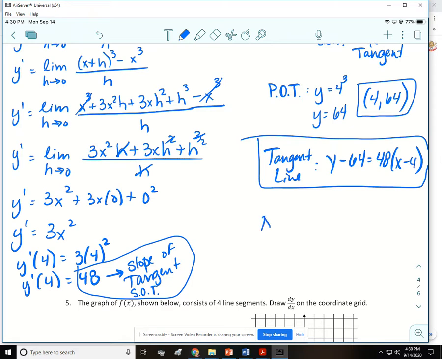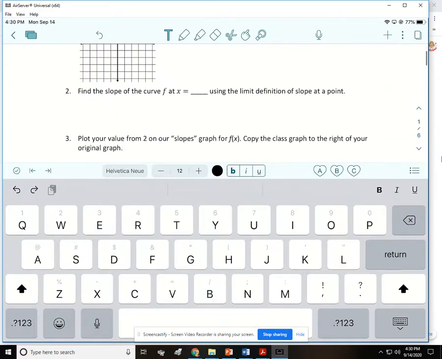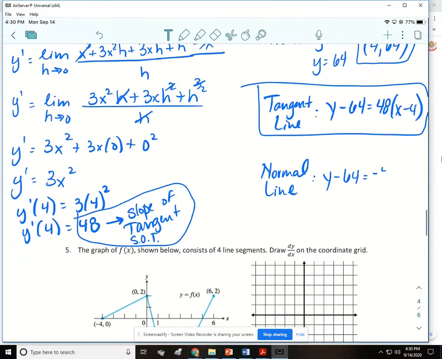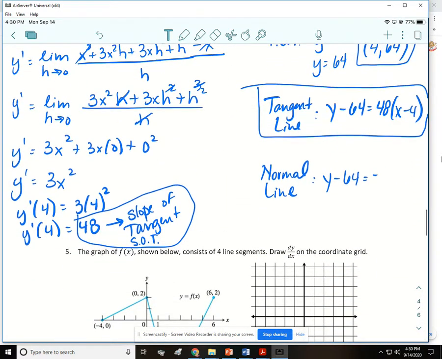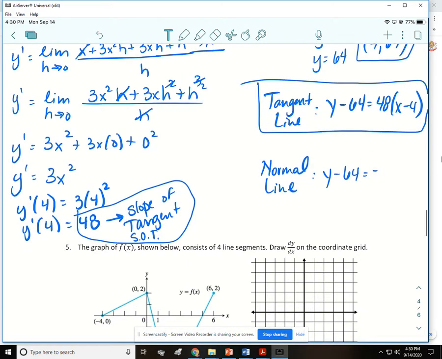Alright, and then we have a normal line that we're also finding. And we've done all the work. It's still going to go through the point (4, 64). The only difference is our slope is going to be the opposite reciprocal, so negative 1/48.